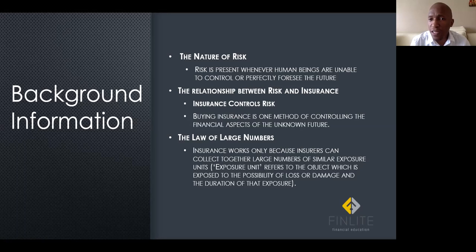So the issue of insurance works only when the big numbers are there. I hope that is clear.